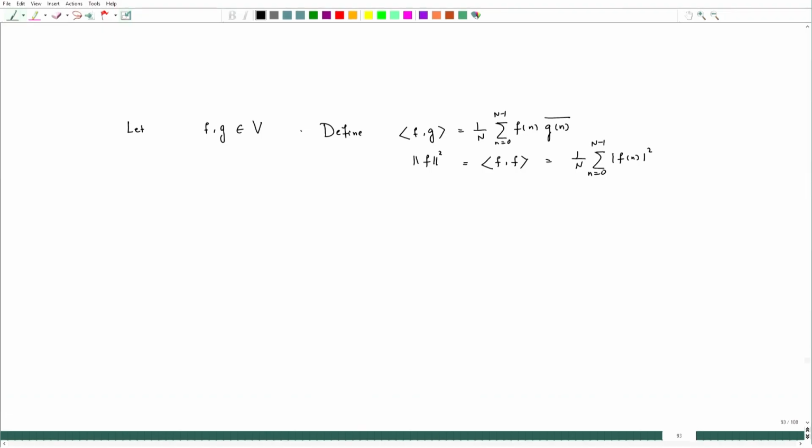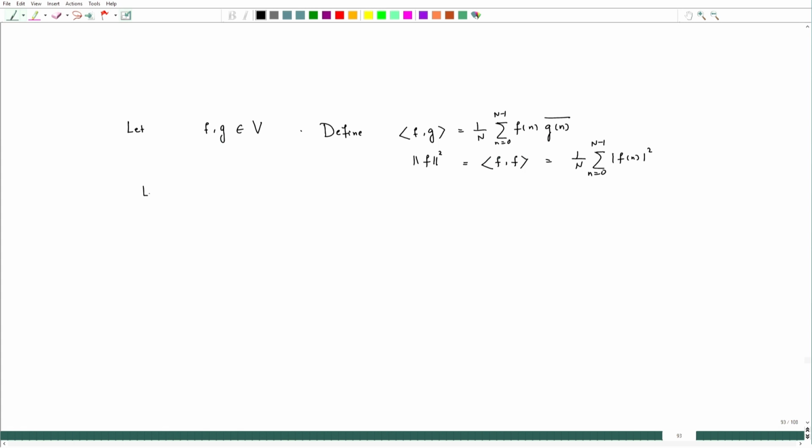Recall one thing, that in the Fourier series case, we exploited that e to the power i n theta form an orthogonal family, and with a scalar multiplication they become orthonormal, and that we exploited heavily while doing the Fourier series. So, now let us see whether a similar thing is going to be true here or not.